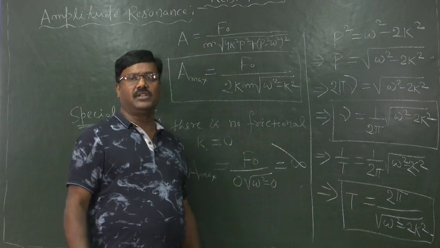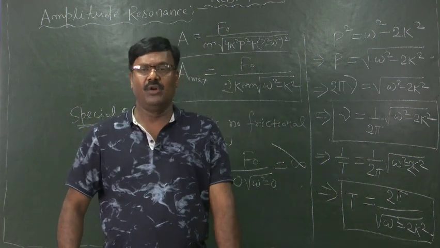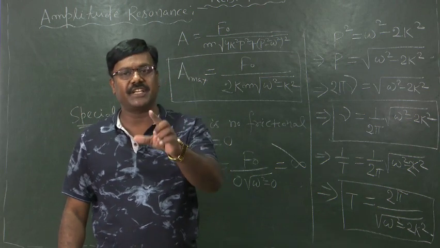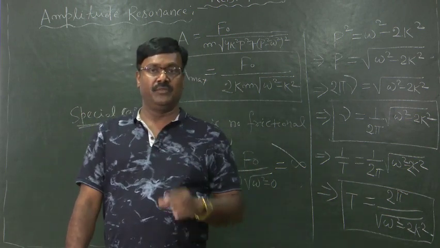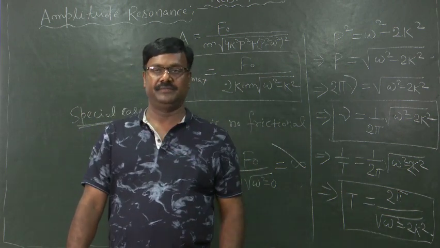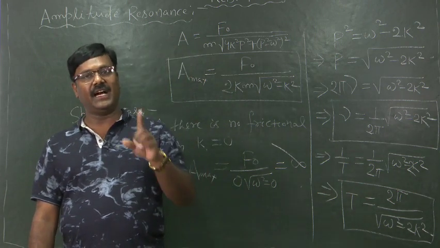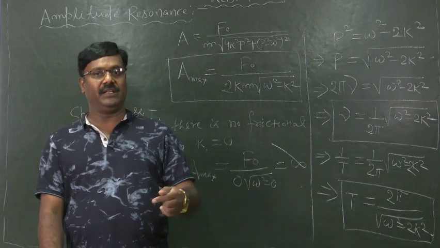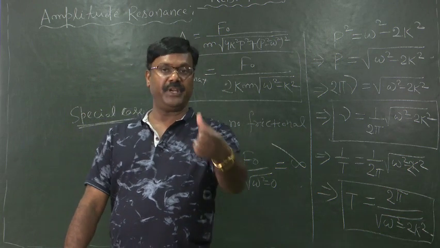Also, other practical examples of resonance are when we are tuning our radio receiver set or television set for a particular channel. Then what do we do? Every channel has its own natural frequency, and by tuning the set, we apply another frequency.